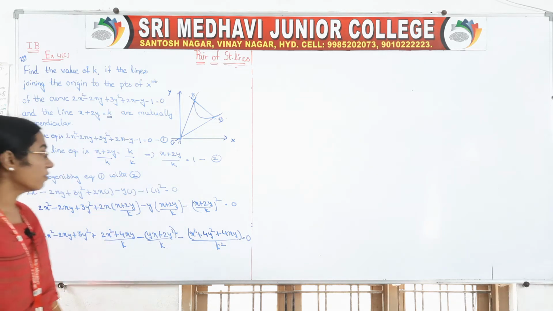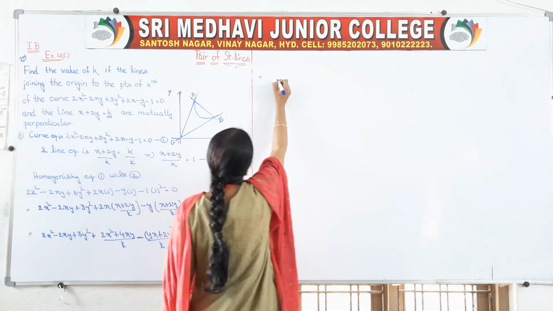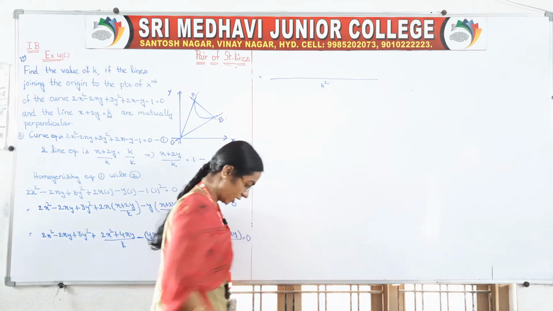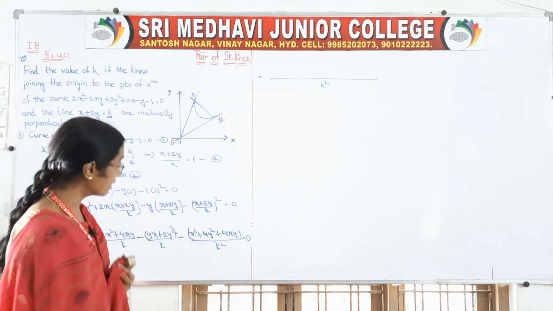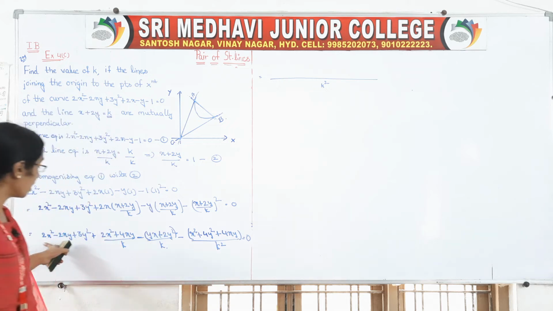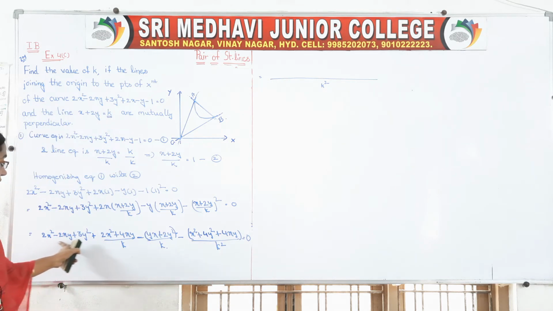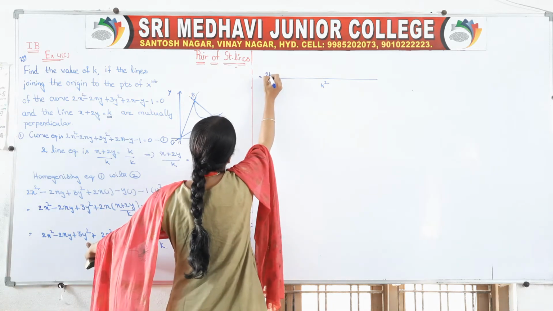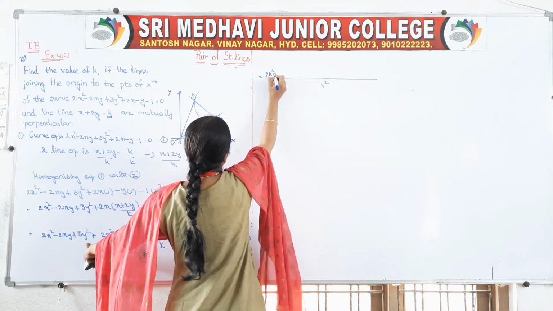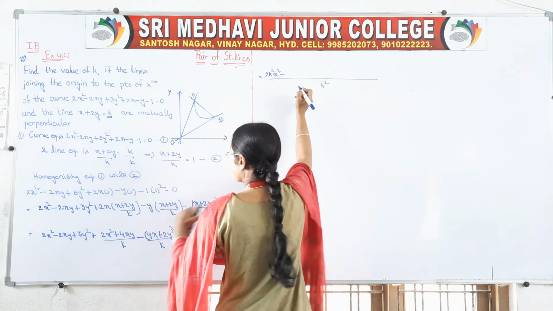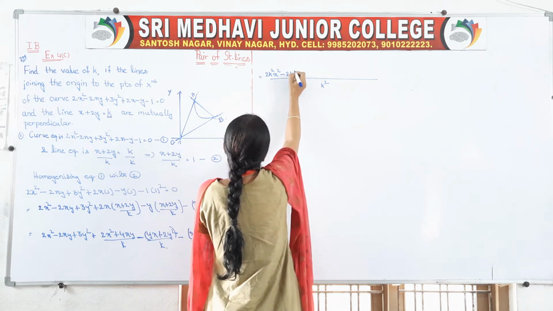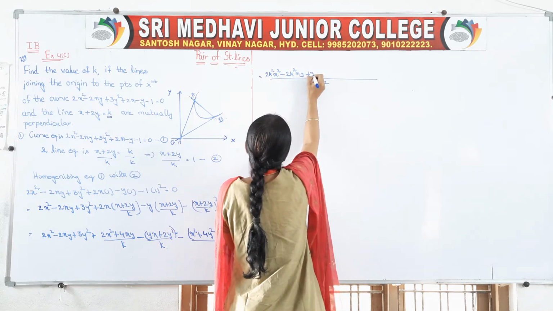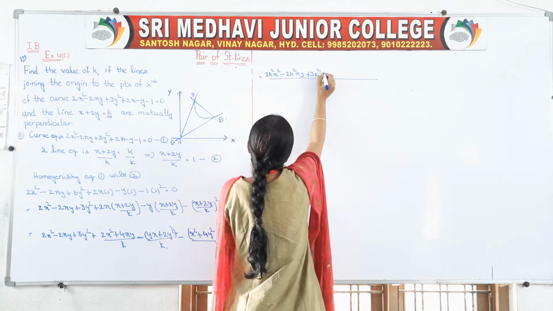Now what will be your LCM? LCM is k square. Since we take the LCM as k square, we multiply all these values with k square. So 2k square x square, minus 2k square xy, plus 3k square y square.